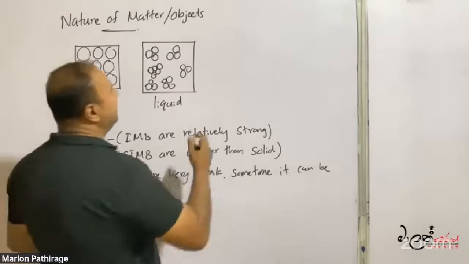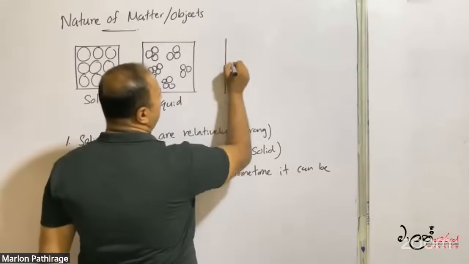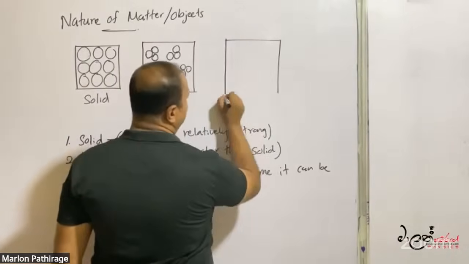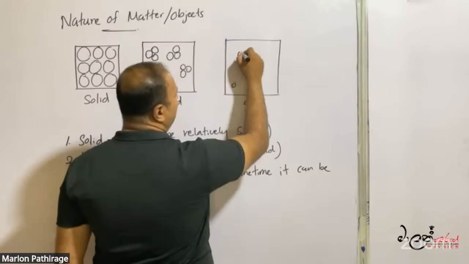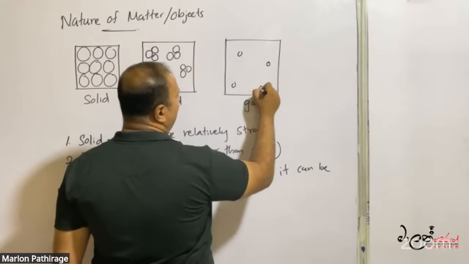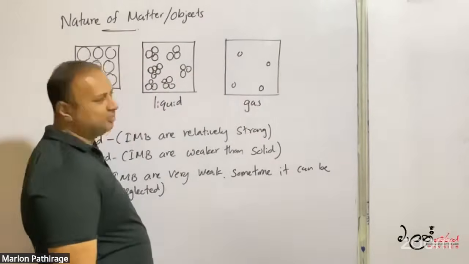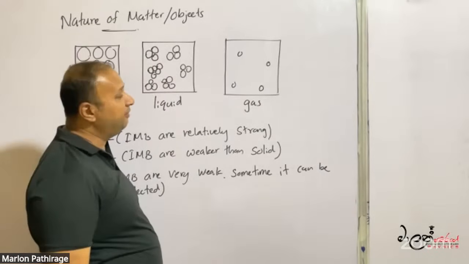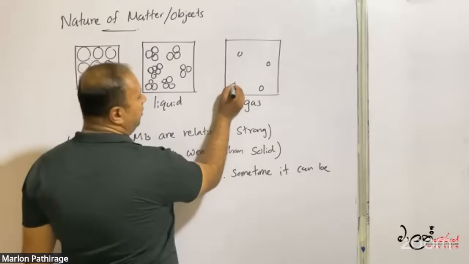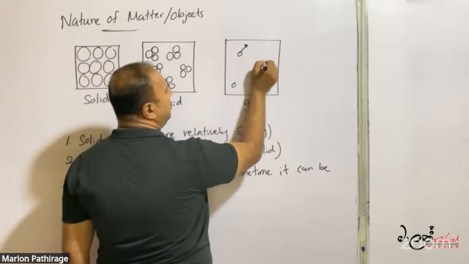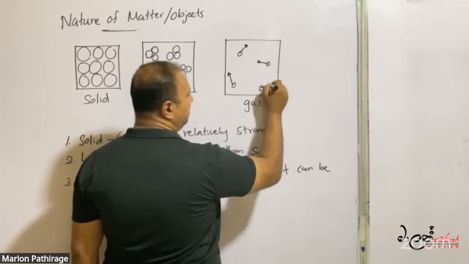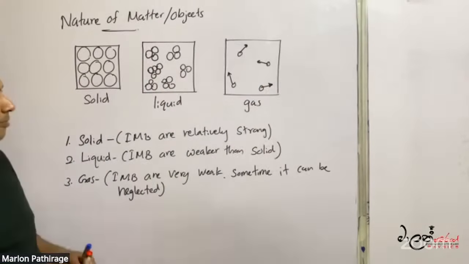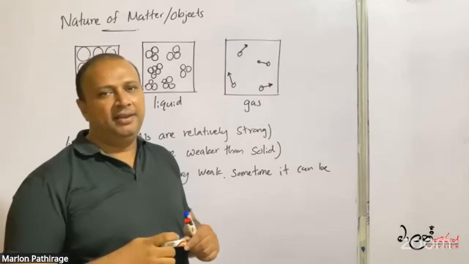Okay. Then, if you consider gas materials, they have very weak intermolecular bonds, and they can randomly mobilize in any direction.